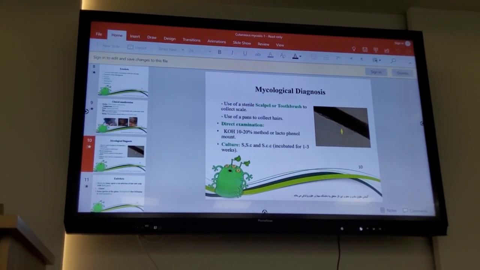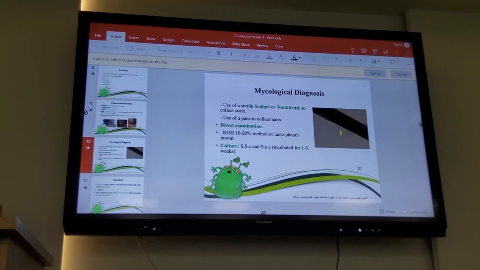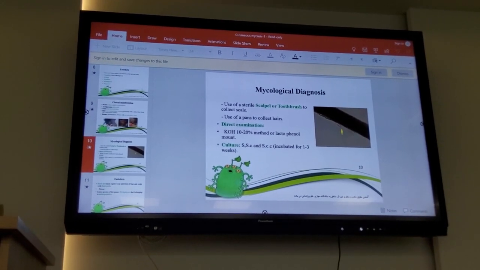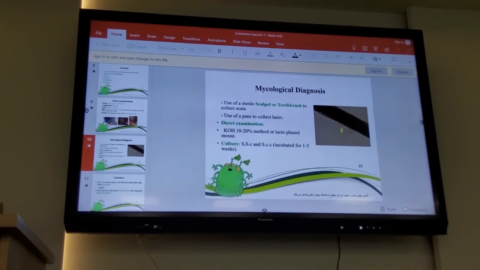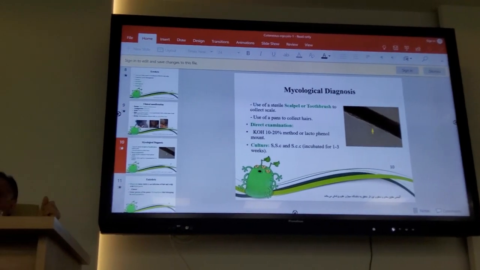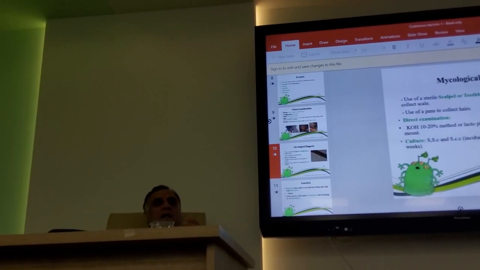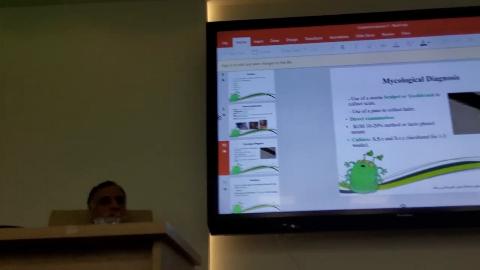Treatment is with antifungal drugs. At the end of the dermatophyte section, I will tell you about topical treatment and systemic treatment. What is topical treatment? Locally.